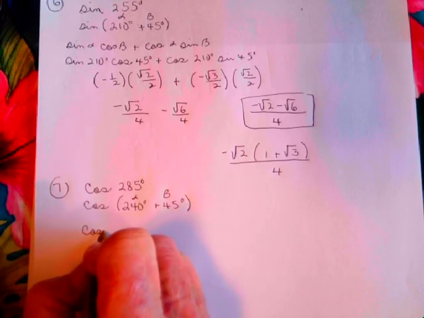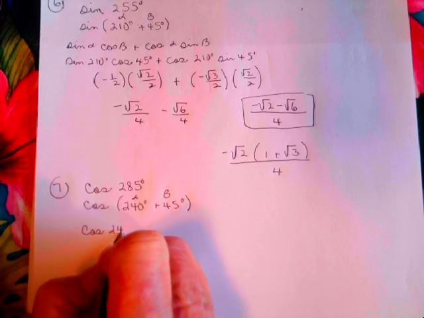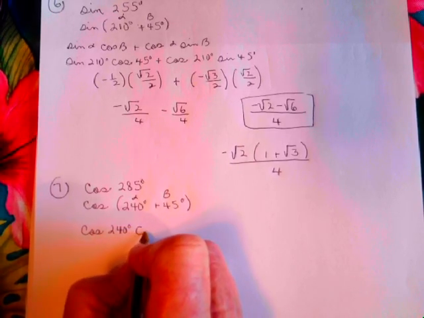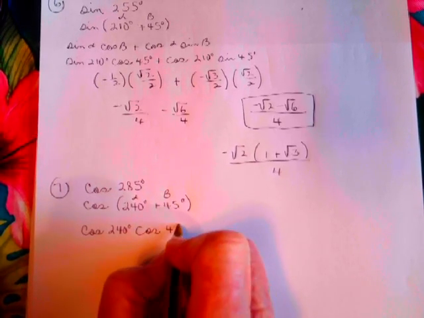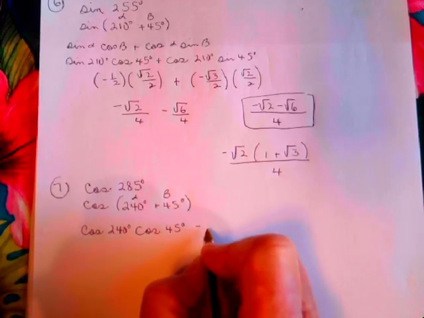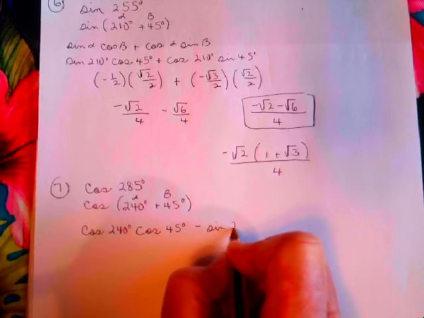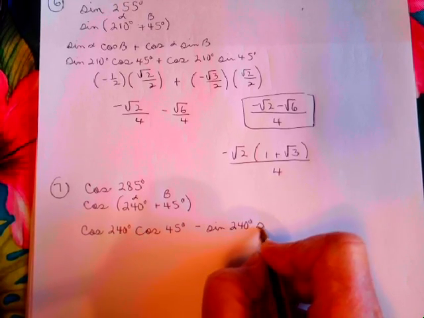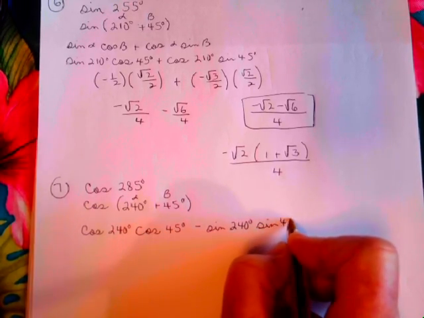So you have cosine of 240 degrees times the cosine of 45 degrees minus the sine of 240 degrees times the sine of 45 degrees.